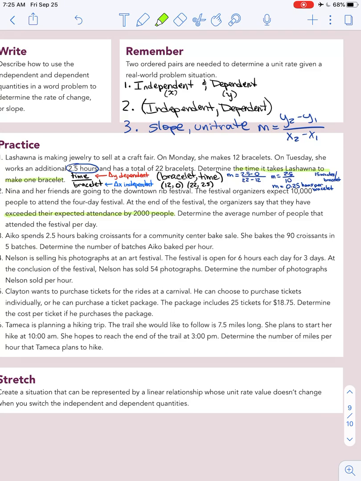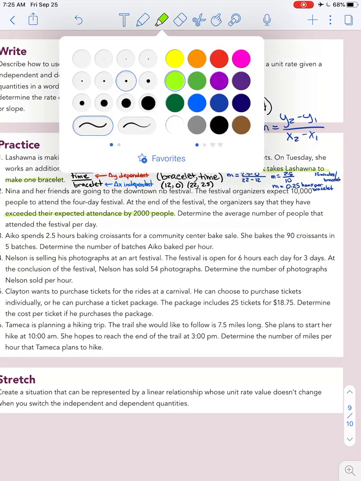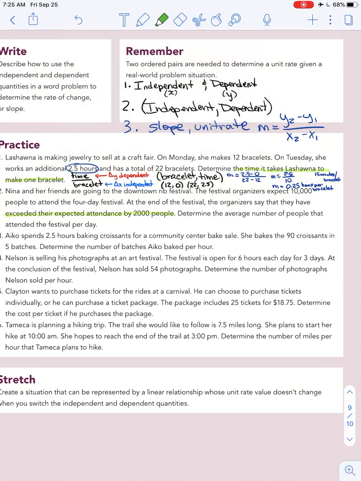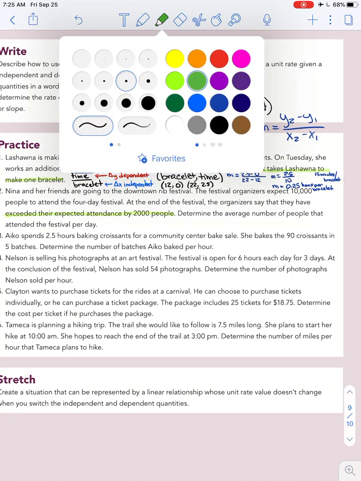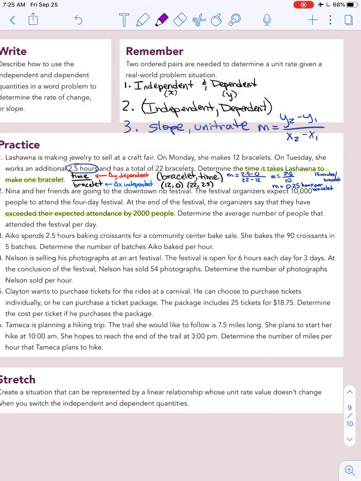Now, let's look at the next part. It says determine. So that's what we're trying to find. Determine the average number of people that attended per day. Okay, so the average number that attended per day.